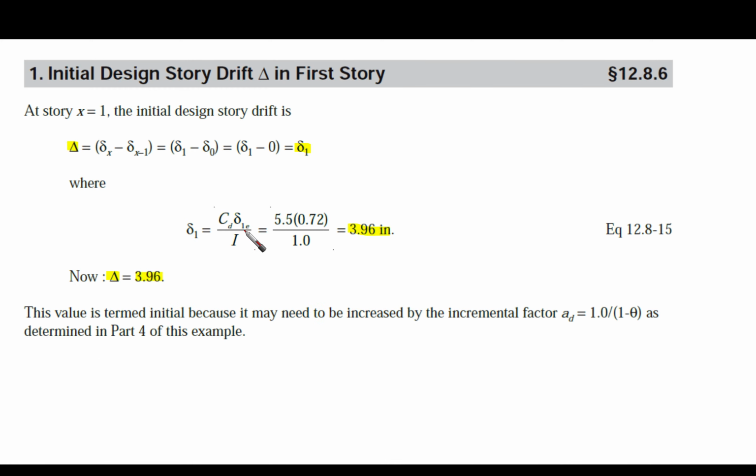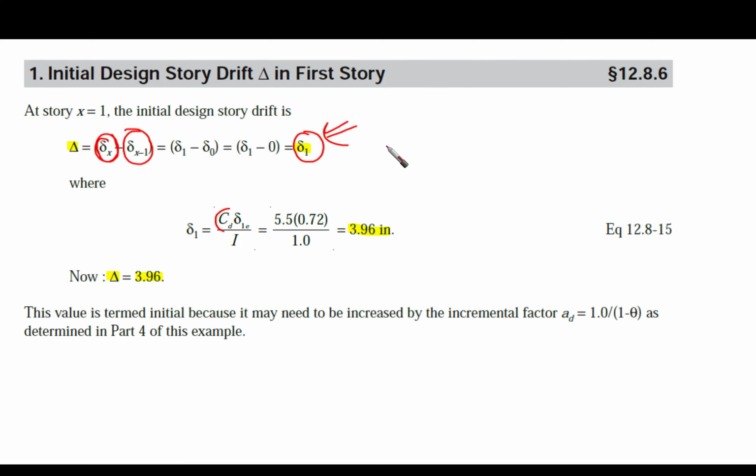Now let's go to obtain the design. Take care, for delta x and delta x minus 1, we need the difference between the two. And this delta is without amplification, without taking into consideration the amplification due to the inelastic performance of the structure. So it needs to be multiplied by CD.